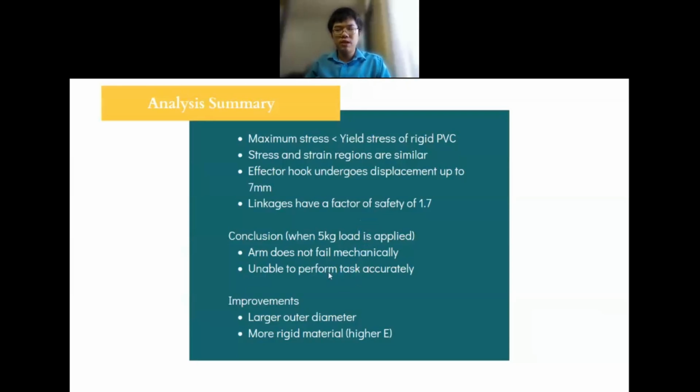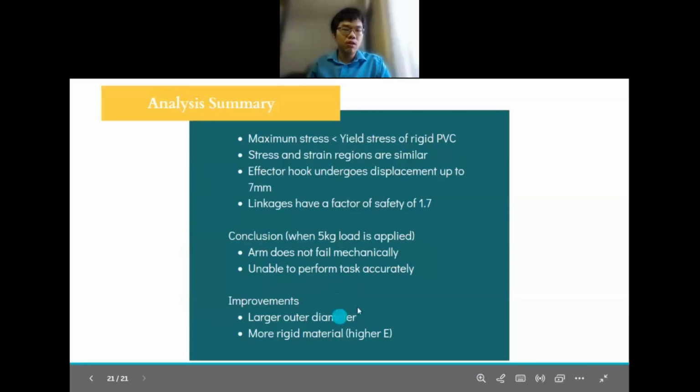To improve the design, we can increase the outer diameter of the linkages, or use a material more rigid than PVC, particularly one with a higher elastic modulus, so that more stress will be needed to deform the arm.